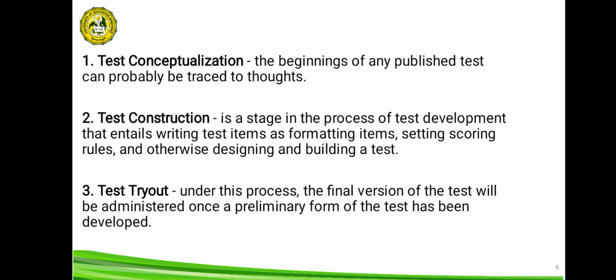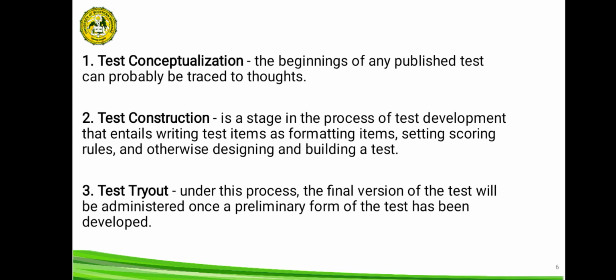Here I will just give an overview of these 5 stages on how to develop a test, because some reporters will really dig in and give the information about how to perform this kind of process in developing a test. So I will just give an overview of every process.